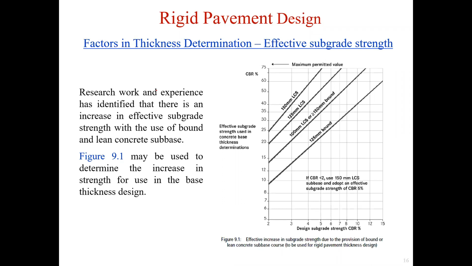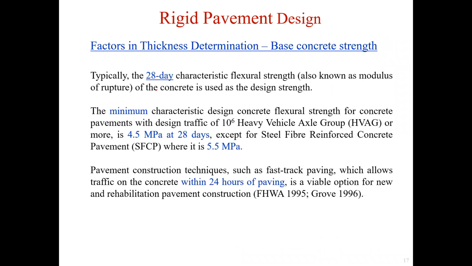The figure 9.1 could be used to determine the effective subgrade strength using the base thickness design. We will talk more about this figure in the later part of this lecture.